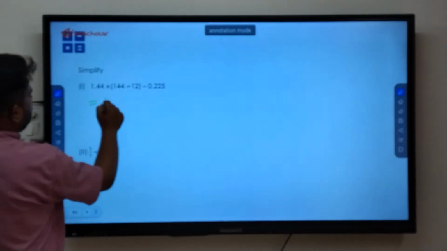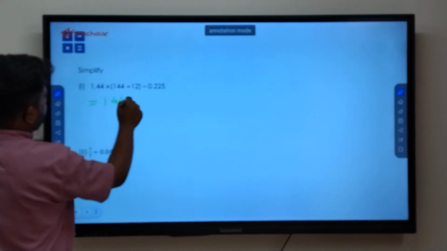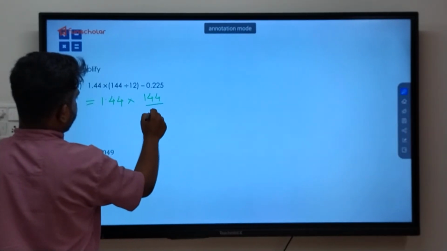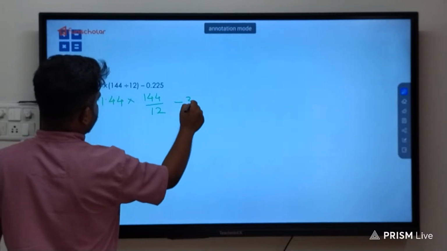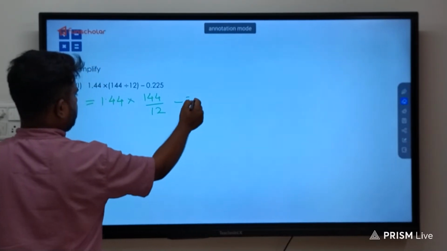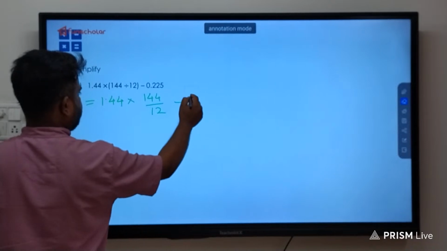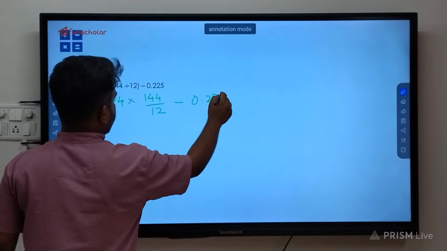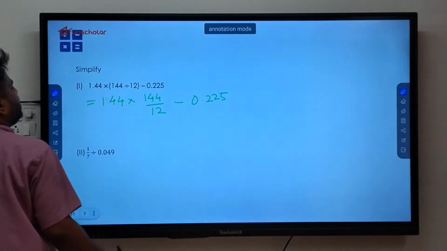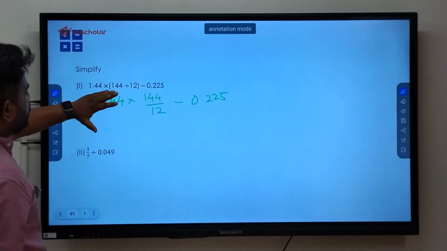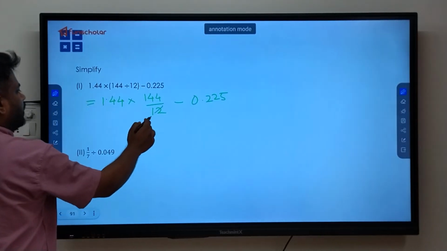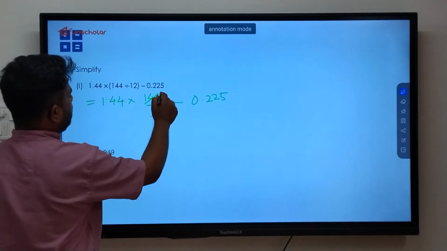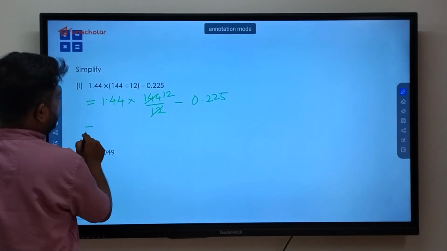So here what we have to do, because they are keeping it in the bracket, we can cancel out 144 by 12 and make it 12.